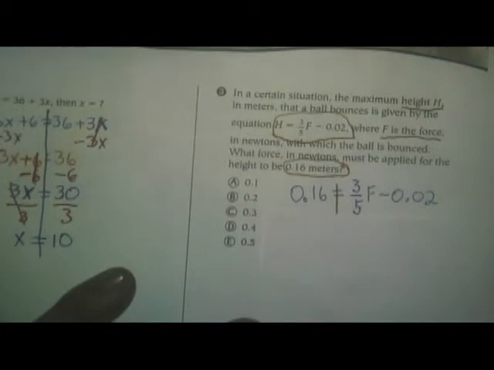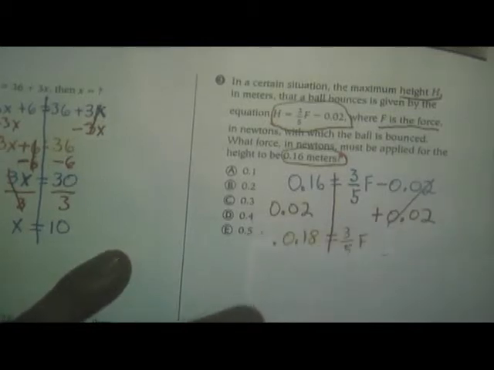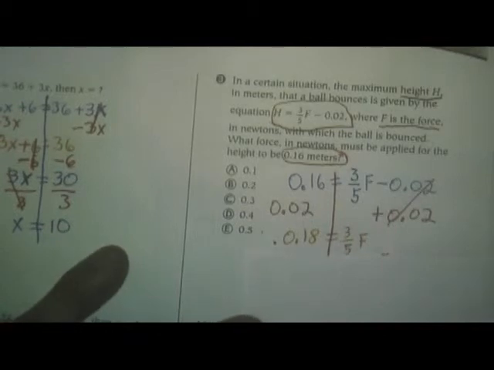So I rewrote the equation, substituting in 0.16 for h, and solve for F. So we have to start by adding 2 100ths to each side of the equation, giving us 0.18 equals 3/5 F.